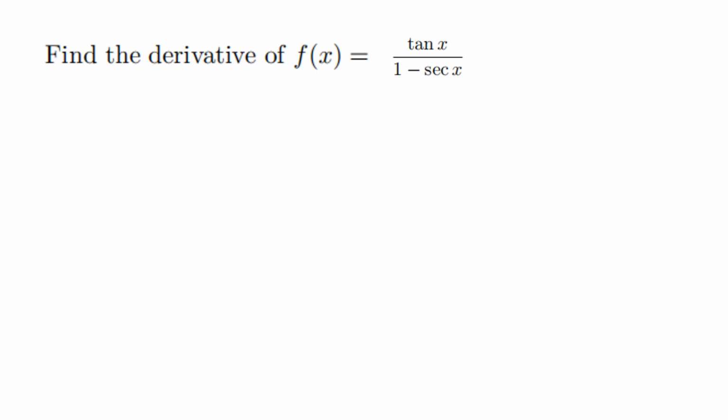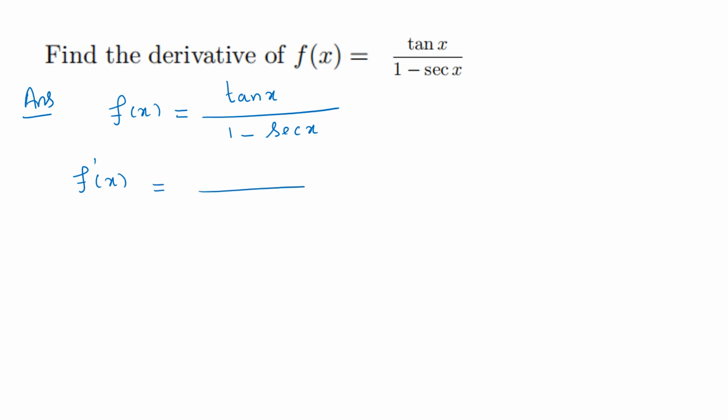So we have the problem. Find the derivative of f(x) equal to tan x over 1 minus sec x. So again we have to use the quotient rule. So what is f(x) here? f(x) equal to tan x over 1 minus sec x. Derivative of f(x), f dash of x equal to, I am using the quotient rule.